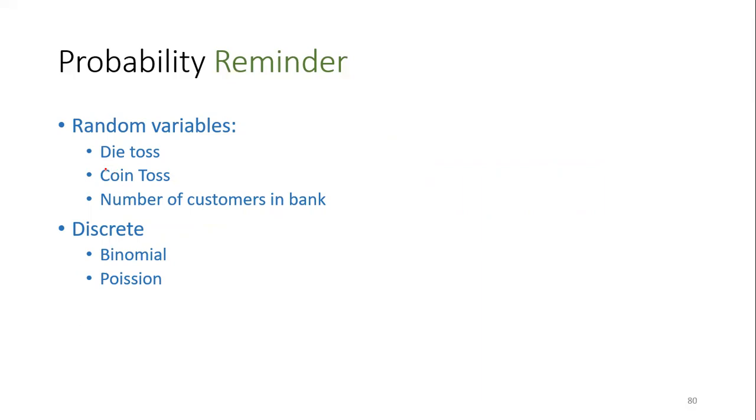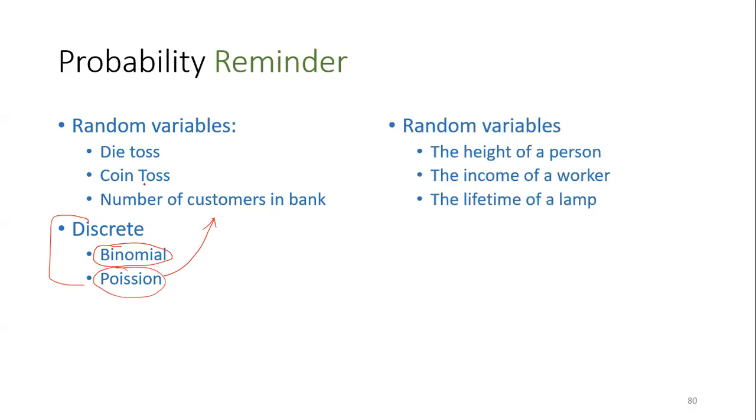These refer to something special for counting, and the corresponding random variables are discrete random variables. Remember, we have a Poisson random variable, which is generally used for modeling the number of customers in a bank, for example. Or we use a binomial random variable to show the number of heads or the number of ones that comes in a die toss or coin toss.